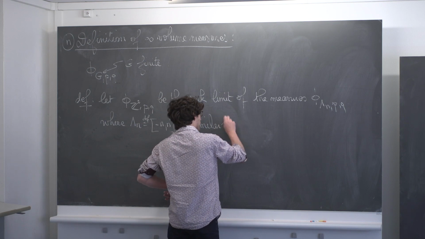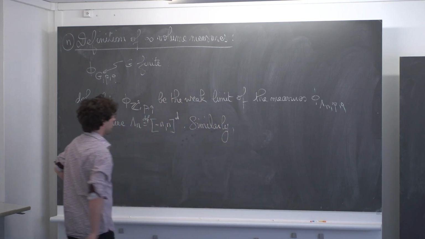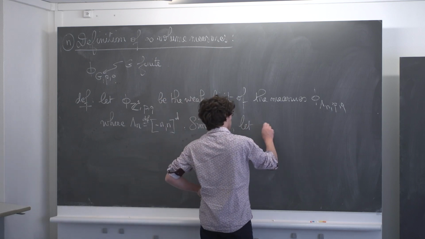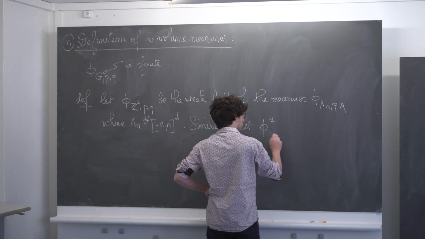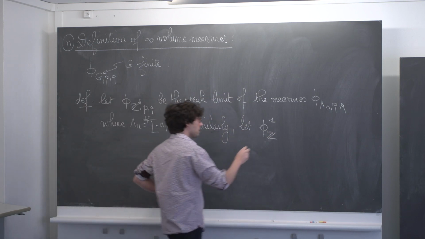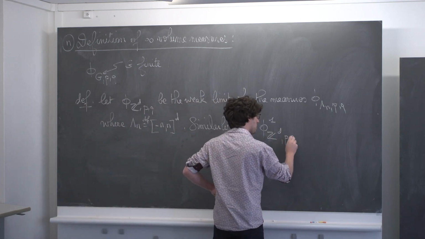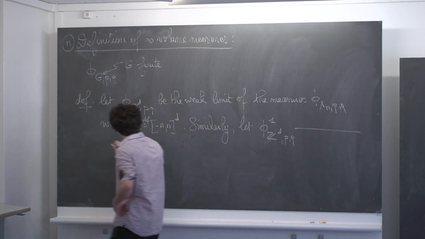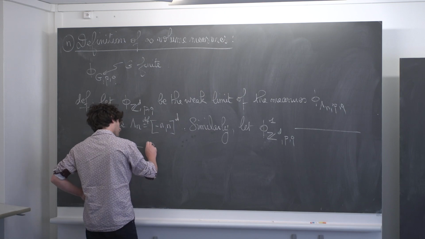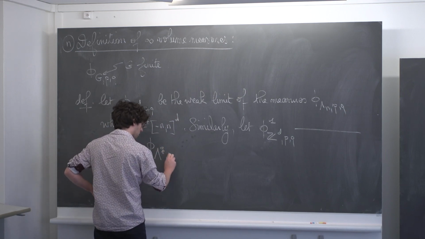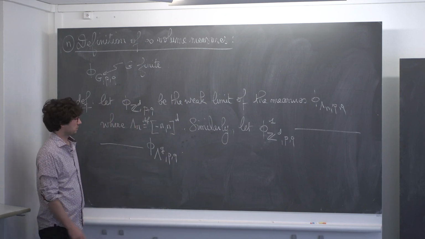But similarly, before doing that, let me define the second infinite volume measure. Let phi^1 Z^d p,q be the weak limit of the measures phi Lambda_n p,q with the ghost.